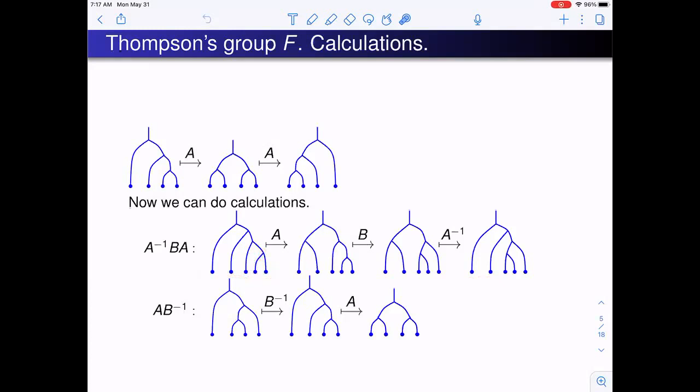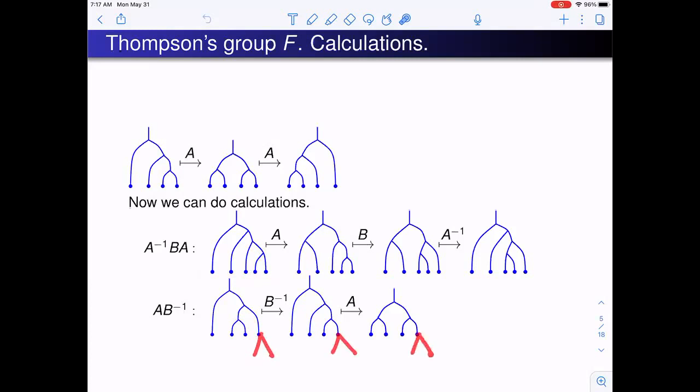And if I do that combination of elements, B inverse first and then A, B inverse goes from left to right and transforms that leg into this one, and then A transforms this one to that one. And if I would like to compare these two elements, I am supposed to add an extra caret, so let's do it at the last vertex.